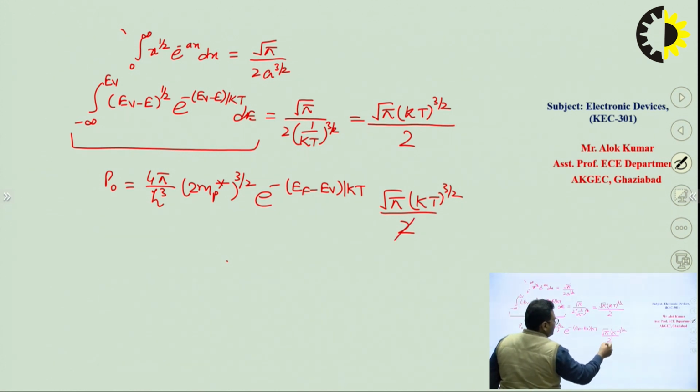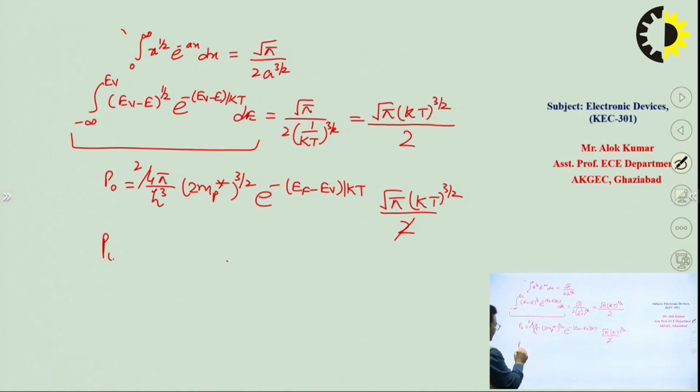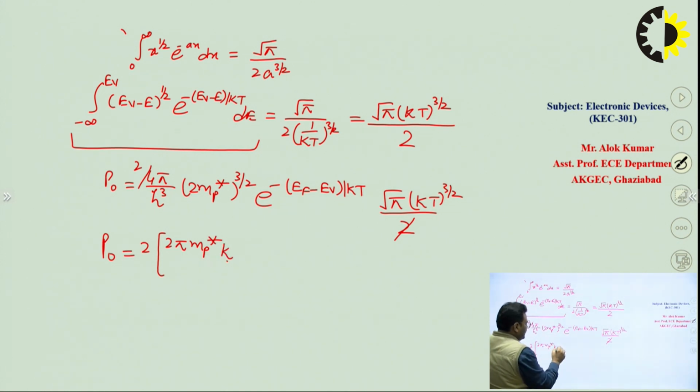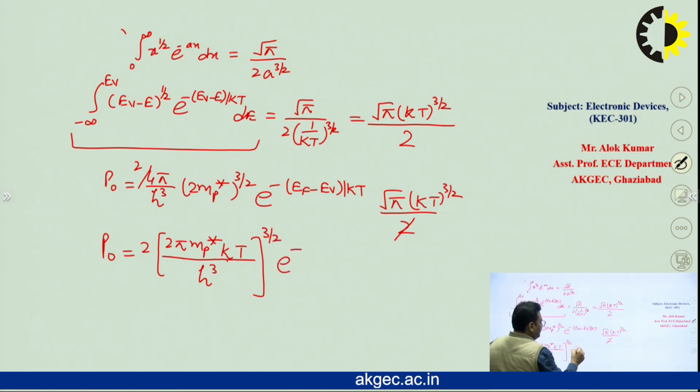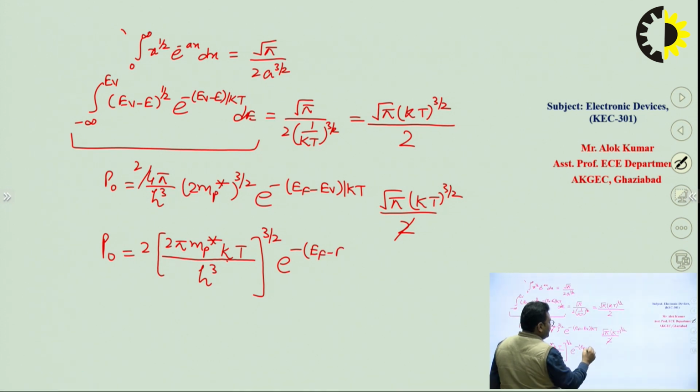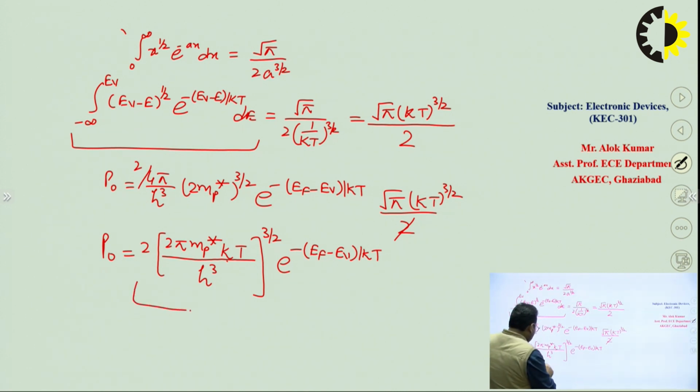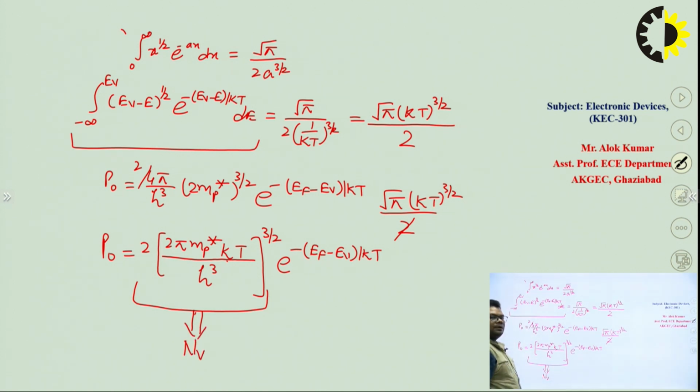Again we will cancel this 4 by 2, and after rearranging these terms I can write P naught is equal to 2 into 2 pi mp star KT divided by h square to the power 3 by 2 into e to the power minus EF minus EV divided by KT, and this value is nothing but NV. And what is NV?